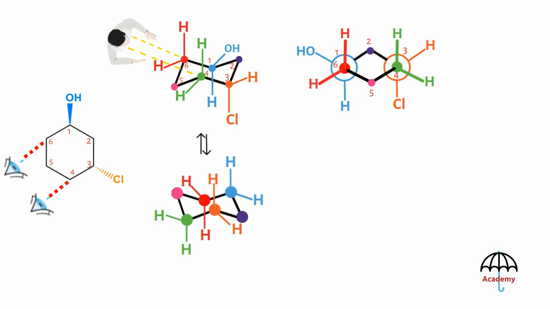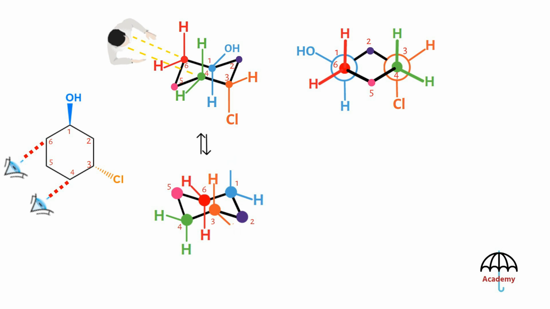Upon ring flipping, we get this chair, so that carbons pointing down in previous chair are now pointing up in new flipped chair. And carbons pointing up in previous chair are now pointing down in new flipped chair. Thus C1, C3 and C5, which were down in previous chair are now up in new chair.